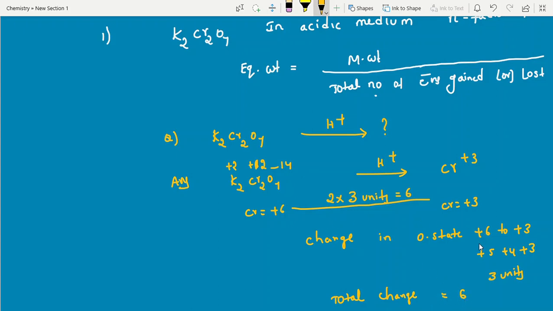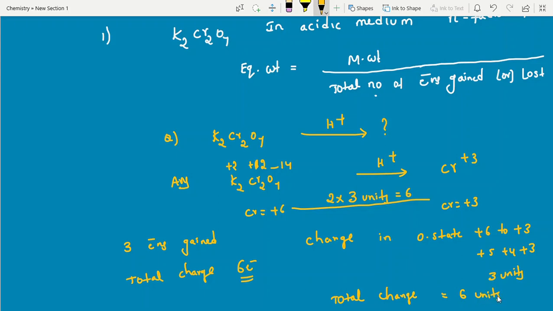Actually, the change in oxidation state plus 6 to plus 3 means 3 units, and 3 units means 3 electrons gained. If you want, you can write 3 electrons gained. But the total change means 6 electrons. Each chromium gains 3 electrons, but 2 chromiums means 6 electrons gained. Total change 6 units.